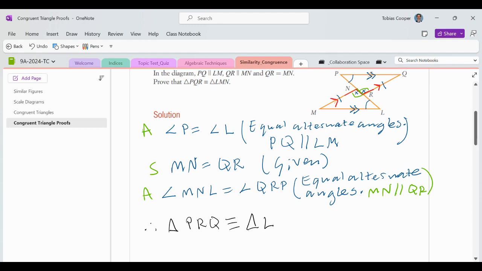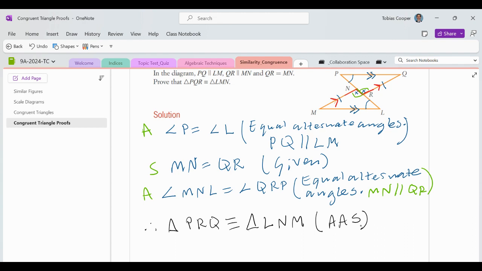So L goes with P. You can see that R here will go with N. And then Q goes with M. And the reason they're congruent is angle, angle, side.